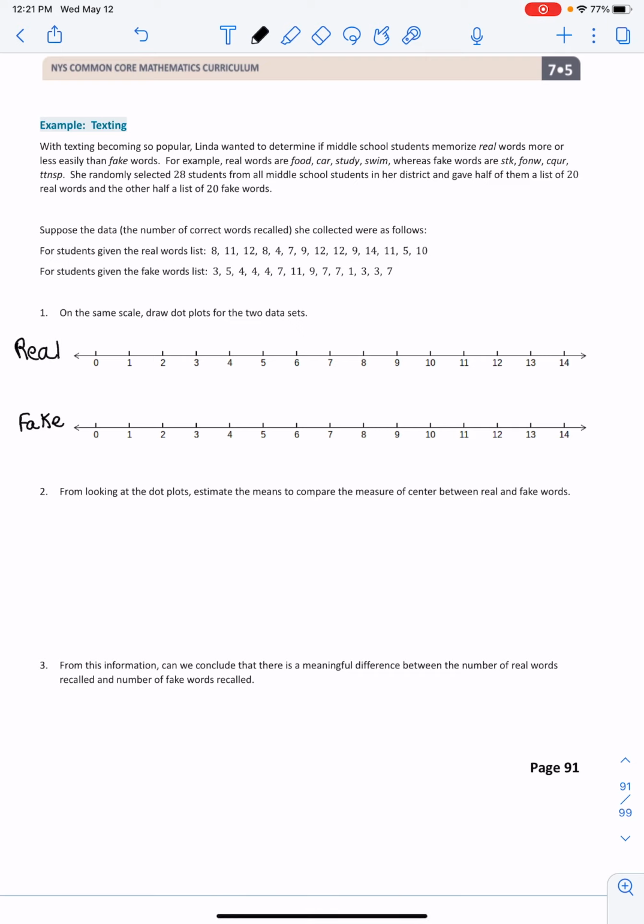So for the real ones, I have 8. I have, let me make those a little bit bigger, 11.